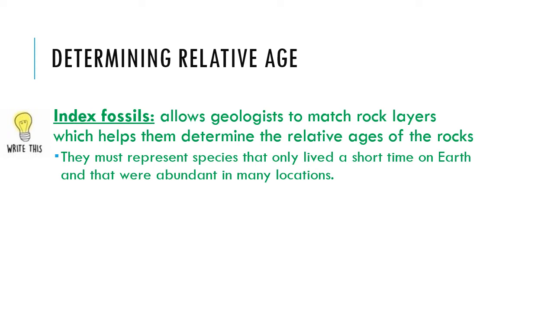And two things that they follow is that they must represent species that only lived for a short amount of time on Earth, and they were abundant, or there were a lot of them in many locations on Earth. So they weren't here for very long, and there were a lot of them, right? We're going to see in the next slide how that matters.